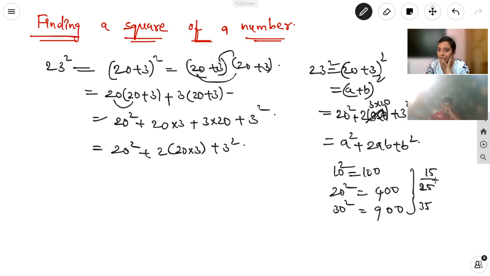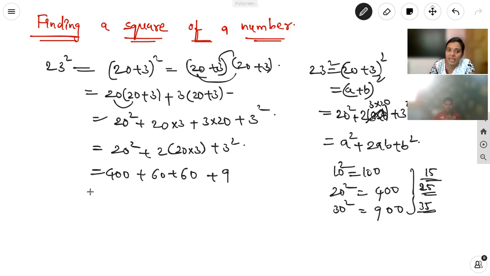Because if we know the middle number squares easily, then we can easily find the numbers in between. Here 20 square is 400, plus 2 into 20 into 3: 20 times 3 is 60, and 60 into 2 is 120. 3 threes are 9. So 400 plus 120 is 520, plus 9 is 529. So 23 square is equal to 529.